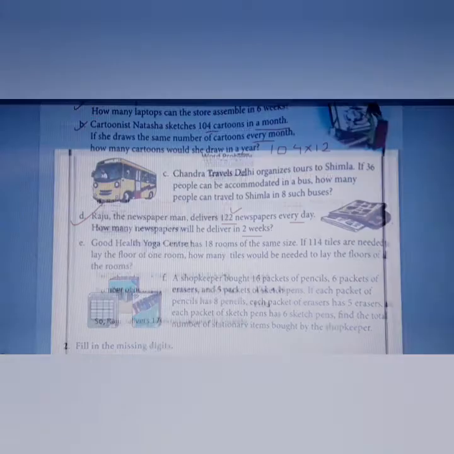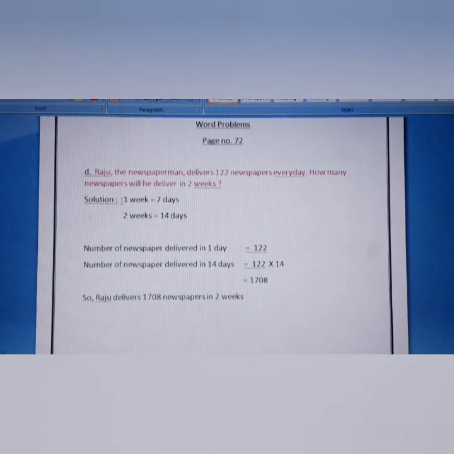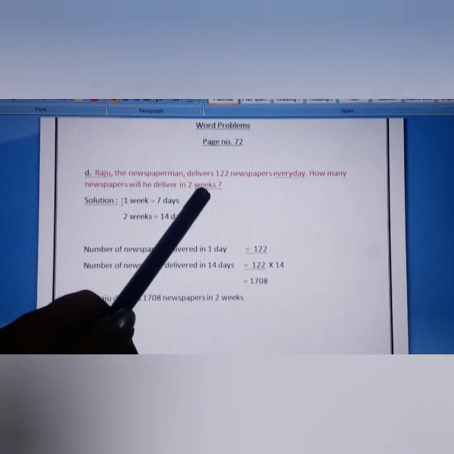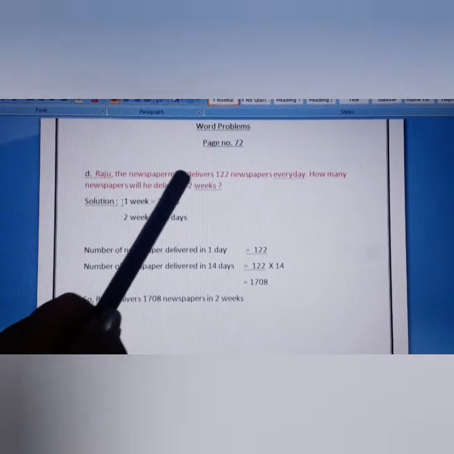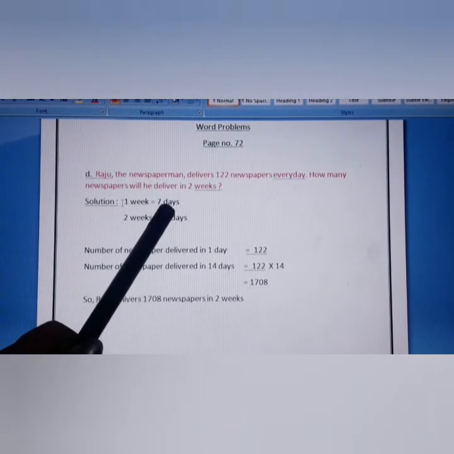So let's see how to do this, children. You can see here that every day he distributes 122 newspapers. So children, in 2 weeks he will distribute how many? So in 2 weeks, how many days will be there? 14 days. 1 week means 7 days.